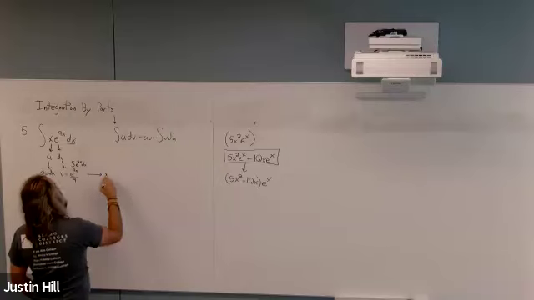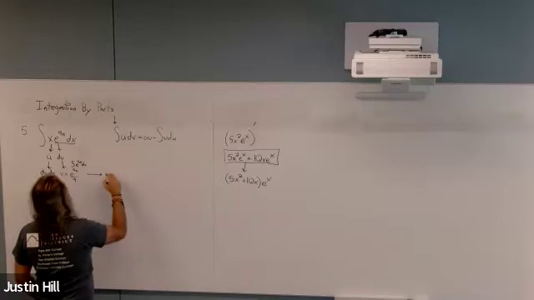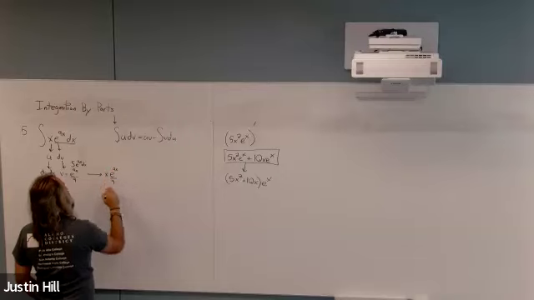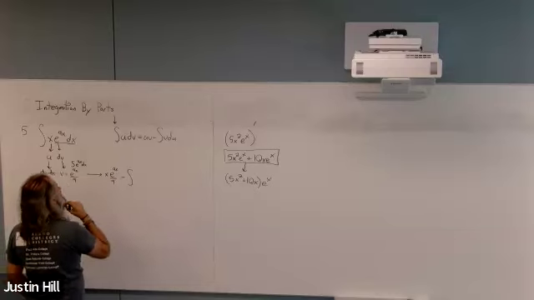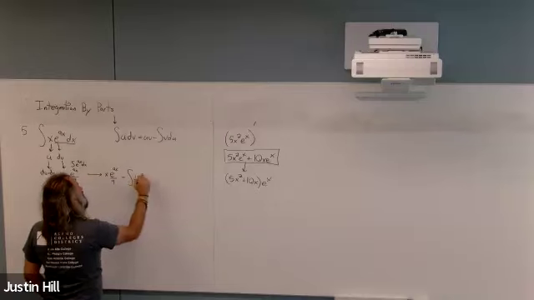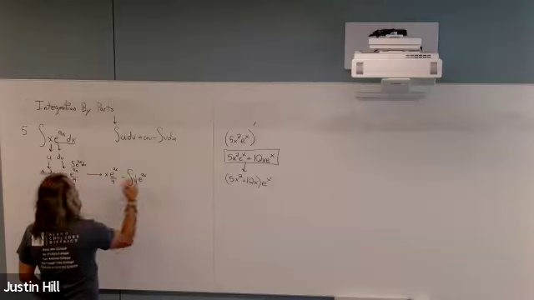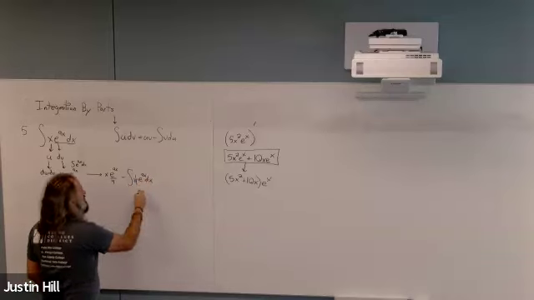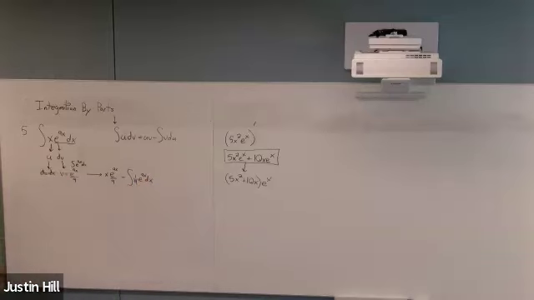So u was x, v is now e to the 9x over 9, minus the integral of v du. So 1/9 e to the 9x, and du is just dx, so we slap a dx on there. And now I have to take the integral of this.